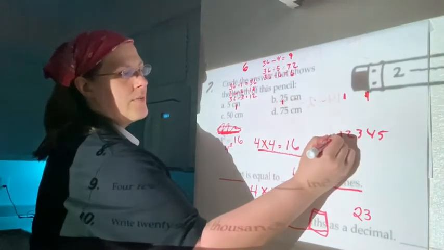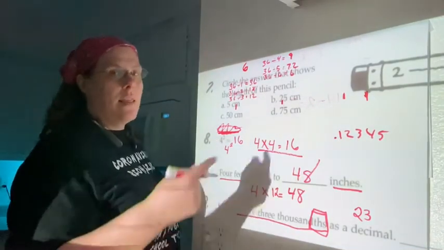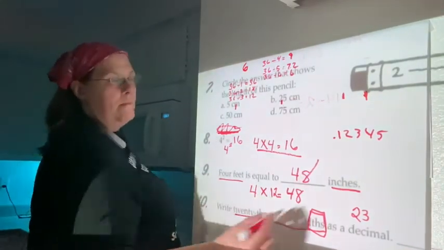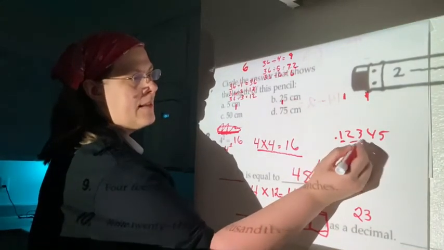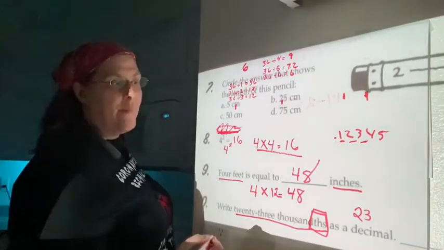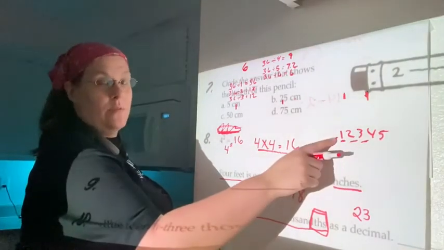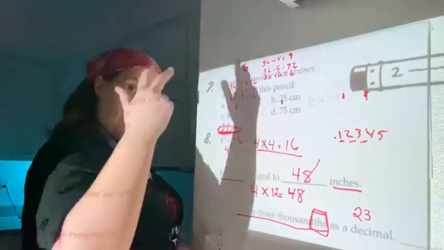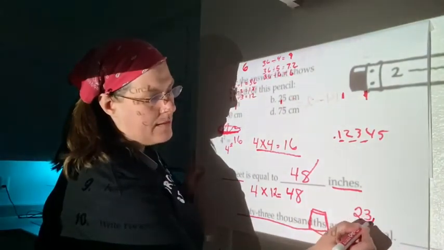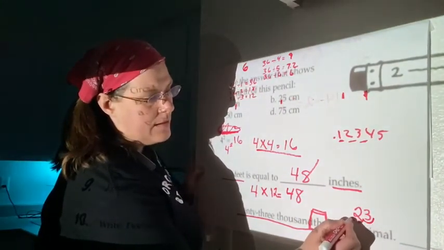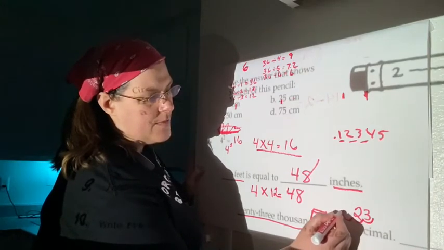You gotta figure out what place that thousandths is. Tenths, hundredths, thousandths. So how many places does it have to be away from the decimal? Ooh, 3. Here's 1 place. Here's 2 places. There's 3 places. There's my decimal point.